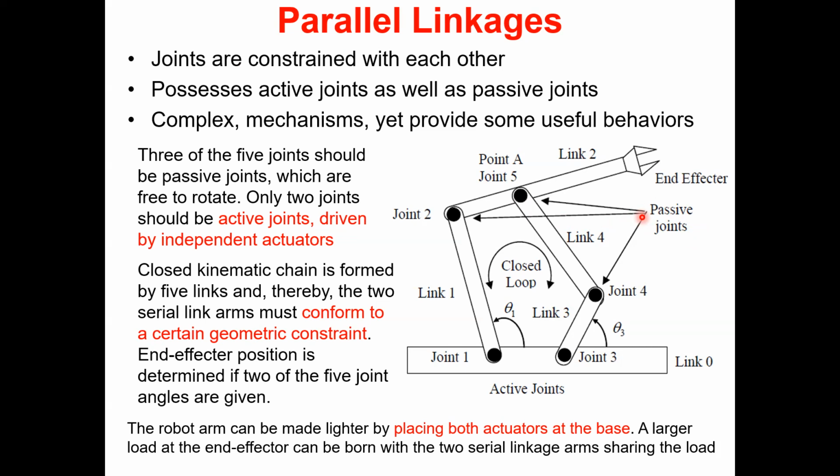Whereas this joint and this joint, joint 1 and joint 3, you can control using motors, their position. So when you control these two joints, these three joints will assume whatever angles they are supposed to have in order to maintain the constraint structure of the parallel linkage.